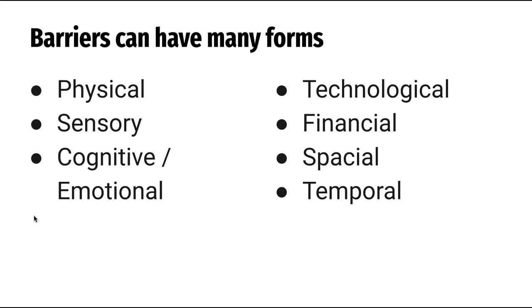And technological barriers go hand in hand with financial barriers, where obtaining technology may be a challenge financially. We're removing any spatial barriers in how students approach their learning, and temporal barriers. So if a student needs to learn at night, or if a student needs to learn on the weekend, they have the ability to do that.